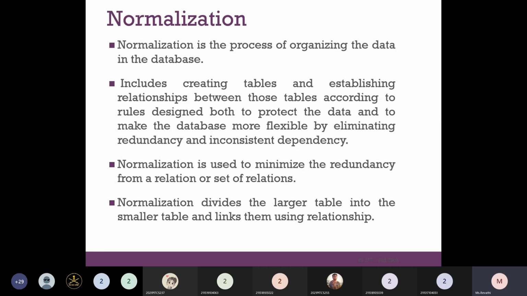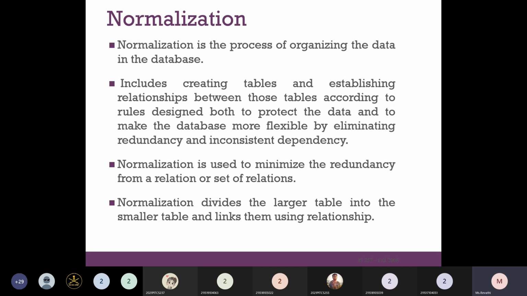Organization includes creating tables and establishing relationships between the tables according to the rules designed. The rules are used to protect the data as well, which makes the database more flexible by eliminating redundancy and inconsistent dependency.